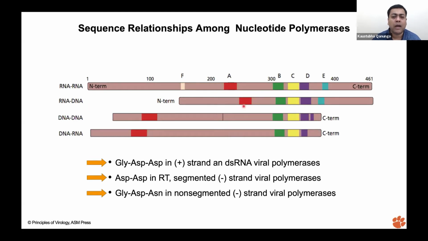They actually do have these conserved motifs as well. DNA-dependent DNA polymerases, which are just the replication enzymes in the cell, also have these conserved motifs. And DNA-dependent RNA polymerase in the cell, these are the ones which make the mRNAs in the cell.